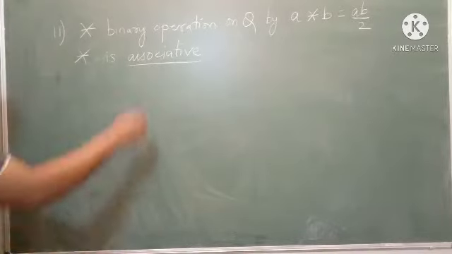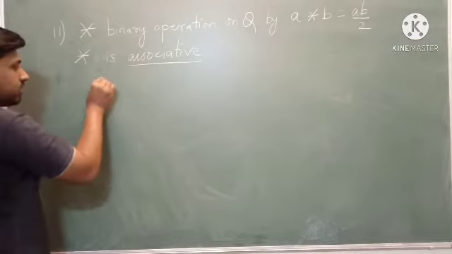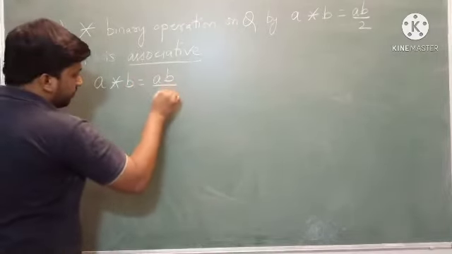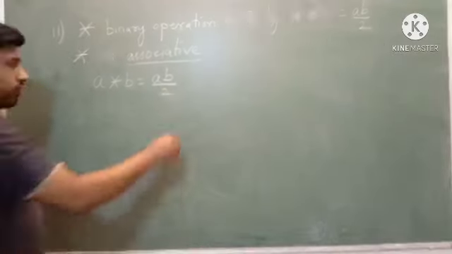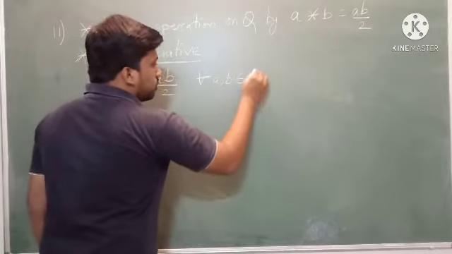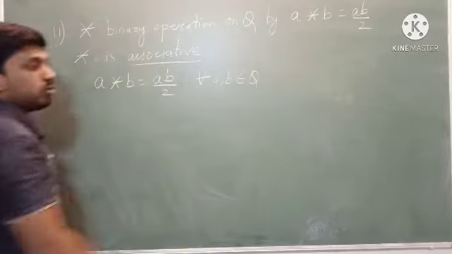Yes, we'll see with respect to the binary operation how to take. First, the given operation is A star B is nothing but AB by 2, for all A, B belongs to Q. It is defined on Q, be careful.